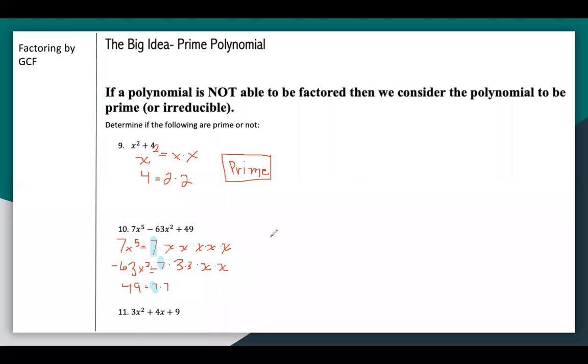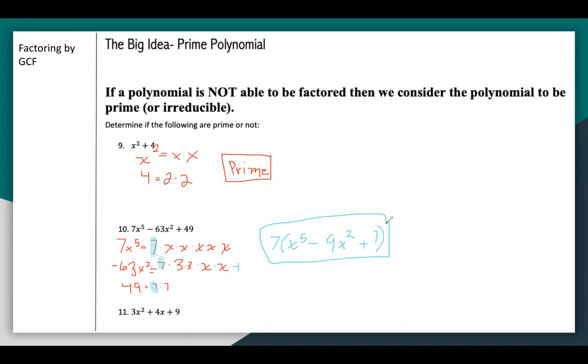And so what we realize is, well, if I factor this, it is going to be 7 times x to the 5th minus, I forgot a -1 here, times -1, minus 9x squared plus 7. And this is now completely factored for this question. So 10 is not prime. 10 is able to be factored.